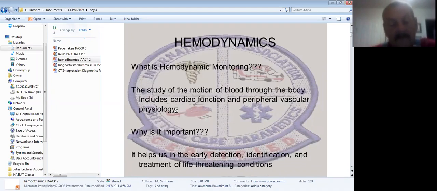So by definition, what is a hemodynamic monitor? Well, it's the study of the motion of blood through the body. And why it's important to you is that it helps you in early detection, very early in some cases, as the pathology is actually occurring in the patient. It allows you to see life-threatening conditions.